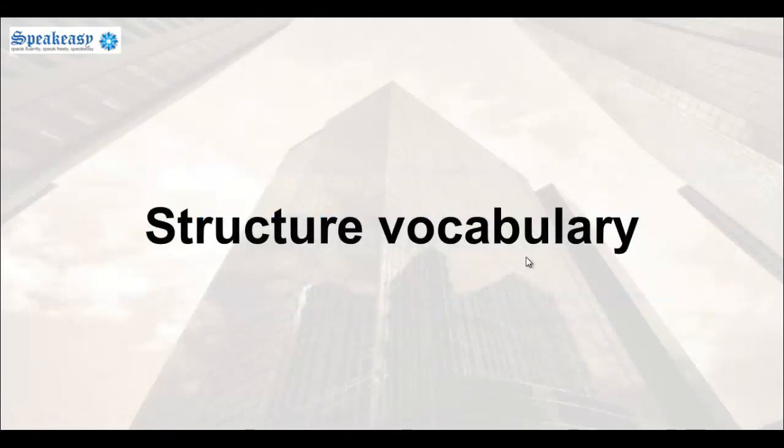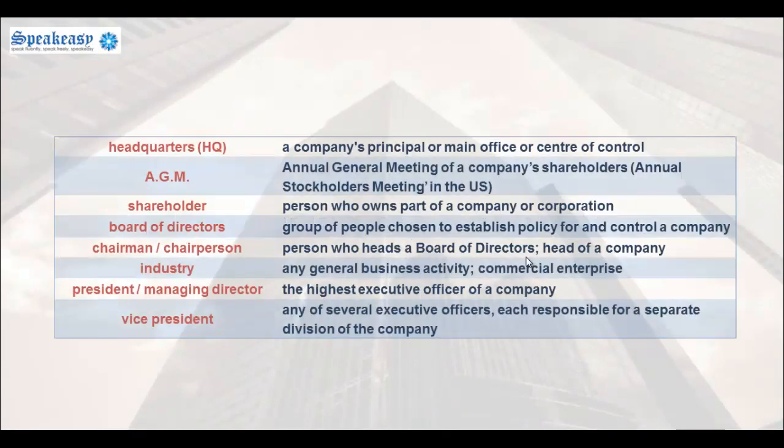Let's start by looking at some structure vocabulary. Headquarters. A company's principal or main office, or center of control. AGM, which stands for Annual General Meeting of a company's shareholders. In the United States, this is referred to as an annual stockholders meeting.